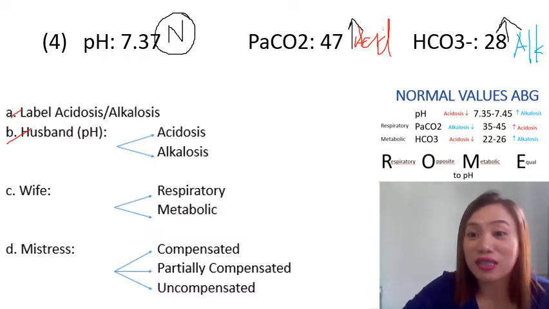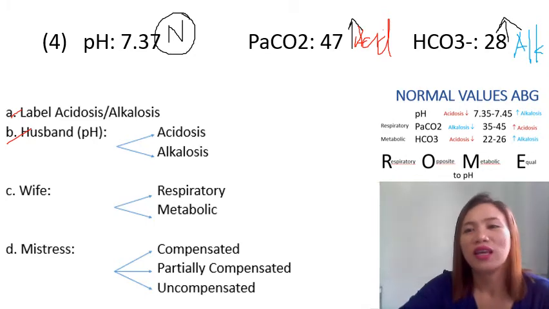Okay, this is how we do it. Let's look at your pH. Again, the normal range of your pH is 7.35 to 7.45.